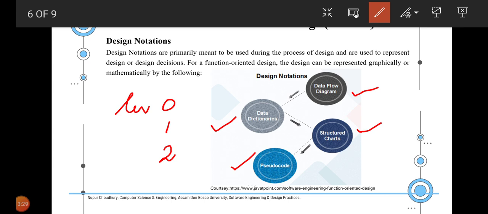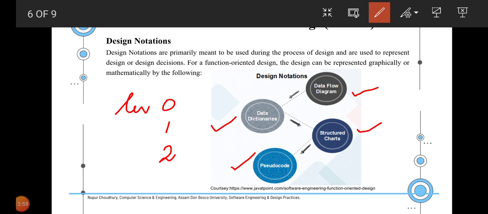The fourth and the last one is the pseudocode. This particular aspect you have already done in your earlier coding classes. So pseudocode is basically a representation of the entire implementation as well as the design concept, a step-by-step reference to whatever we are going to develop, but not in any programming language, but in a human understandable form.